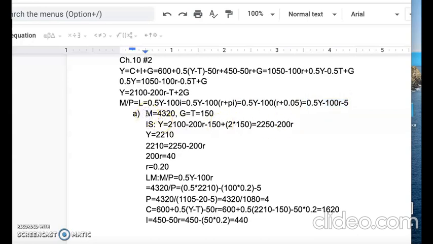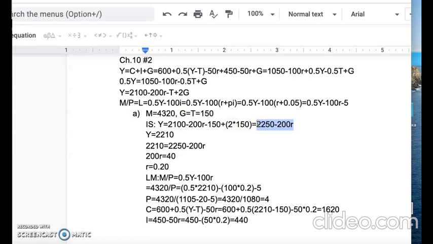From sub-question A, we will have these values, and for the IS curve we use Y, we use G. We just substitute G and T, and we have this simplified equation.